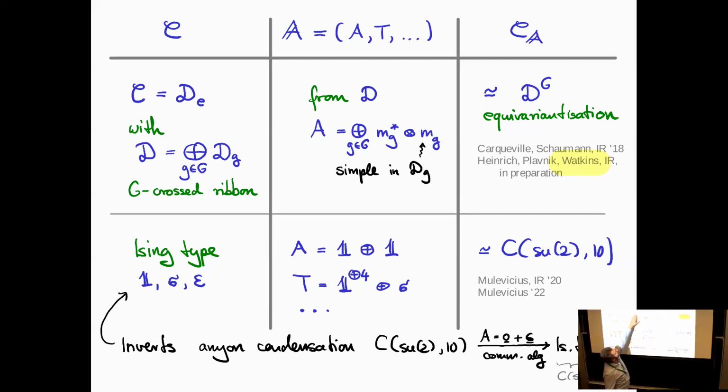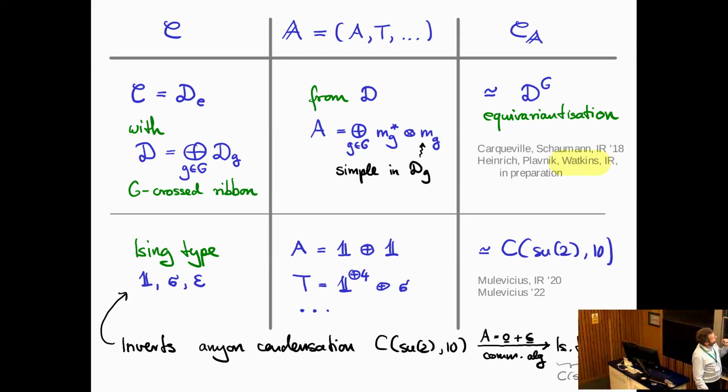I don't want to describe it in detail. But out of that data, you can build such an orbifold datum. And if you compute the category of line defects, then you precisely compute the equivariantization of D, right? So that in a way justifies the name orbifold, because that's an actual orbifold by the finite group G. And the others are maybe some sort of generalized orbifolds.